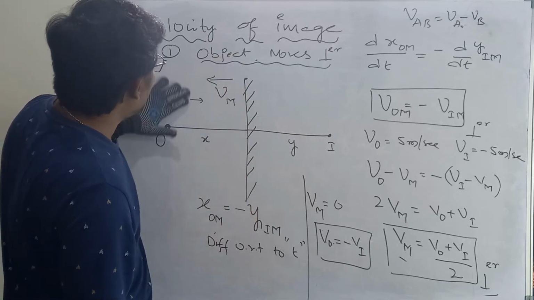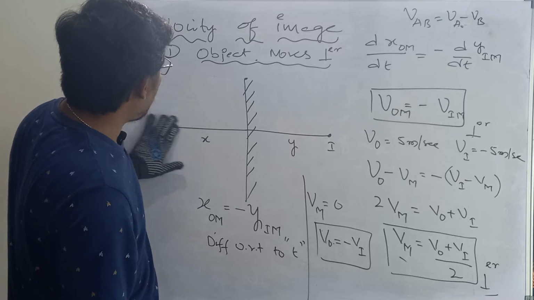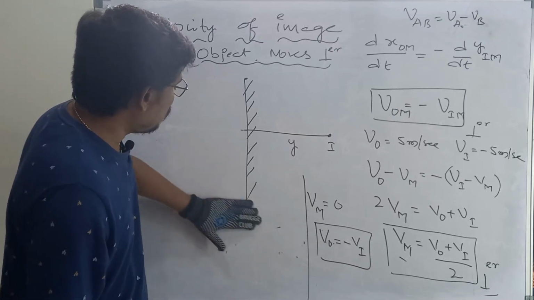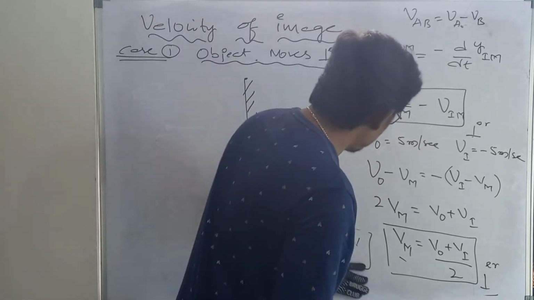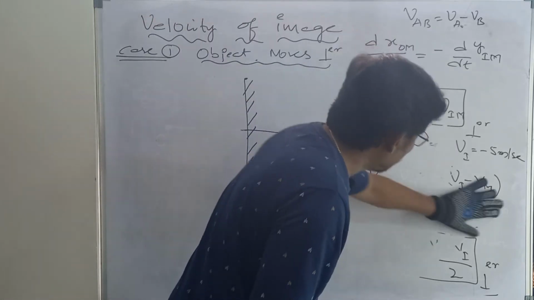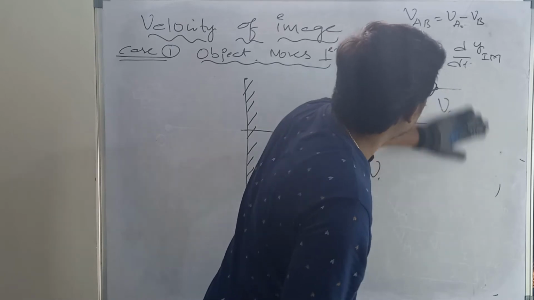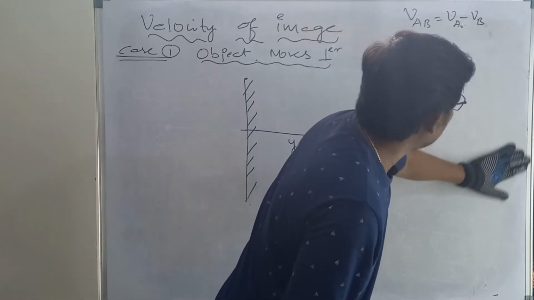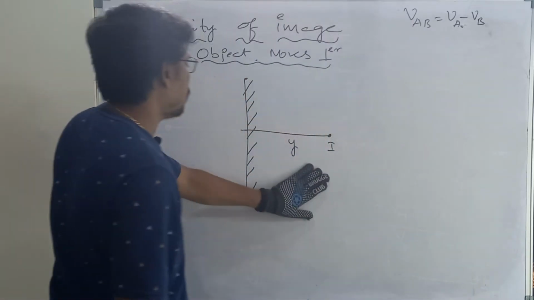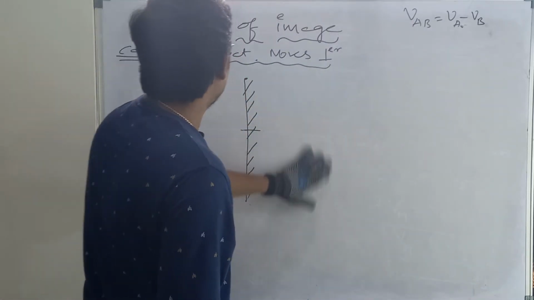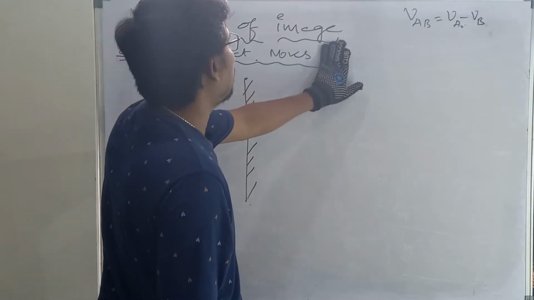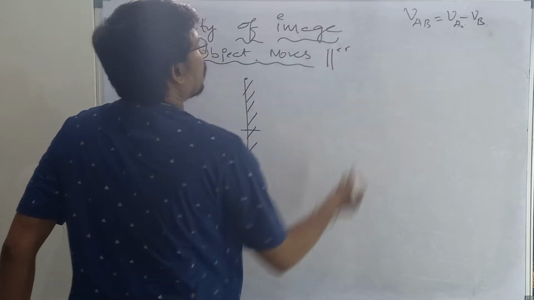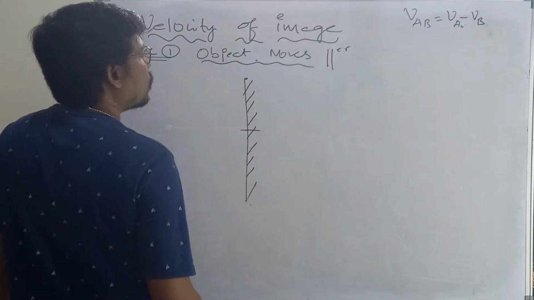Let us see if the object moves parallel to the plane of the mirror. Now the object moves parallel to the plane of the mirror.